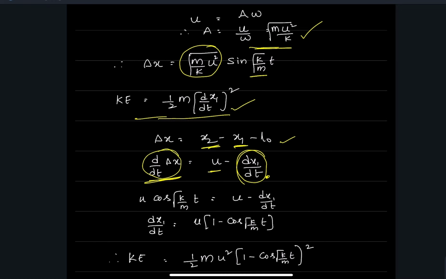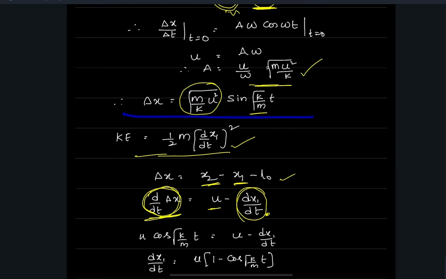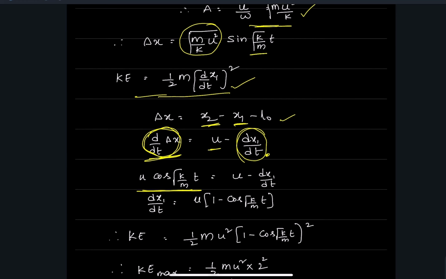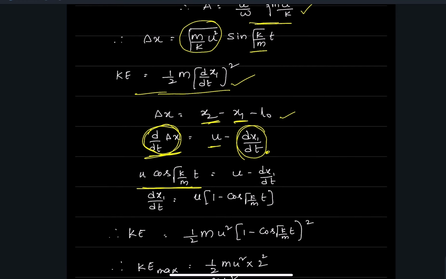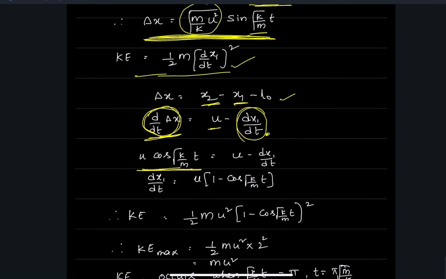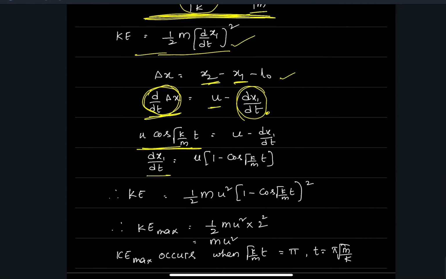I already know the expression for delta x, so the time derivative of delta x is u cos root k by m t. So u cos root k by m t equals u minus dx1 by dt. From this I got dx1 by dt as u into 1 minus cos root k by m t.